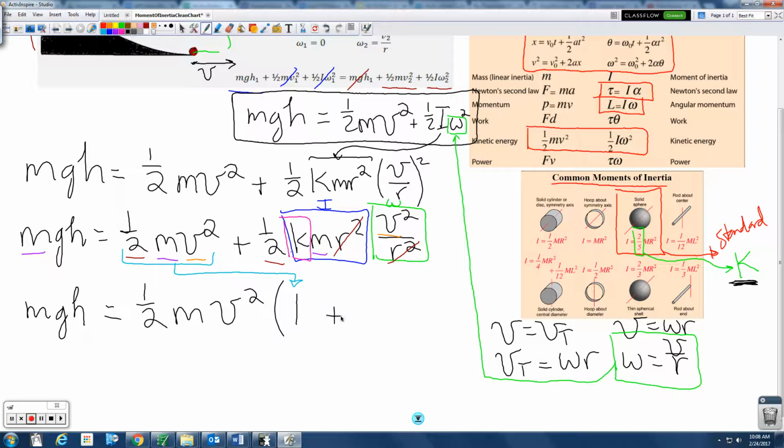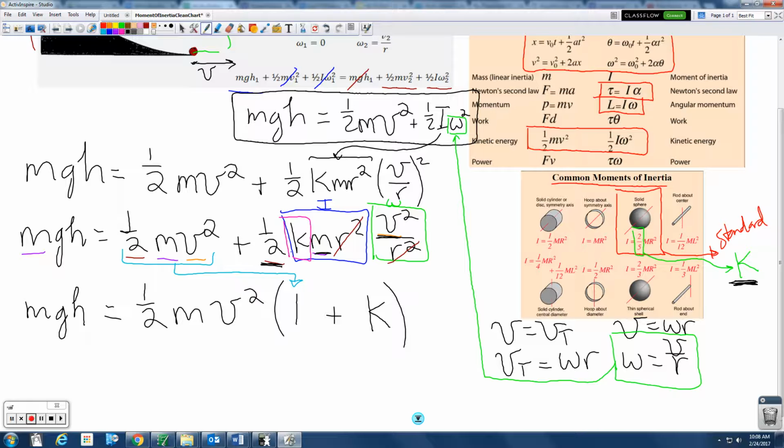Plus, from my 1/2 k mv squared, just above where I am now, I've pulled out the 1/2, the m, and the v squared. So what am I left with? k. I'm just left with k in fuchsia there, is all I got.